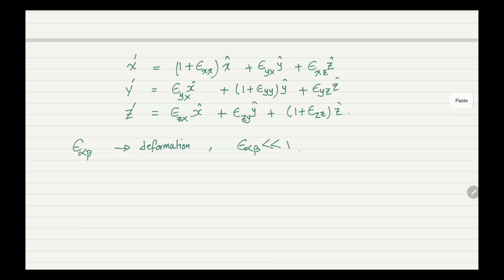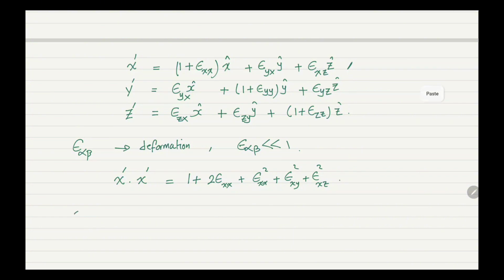To prove this, let's find x prime dot x prime. In this case, it's equal to 1 plus 2 epsilon xx plus epsilon xx square plus epsilon xy square plus epsilon xz square, and notice here it's not of unit length dimension.